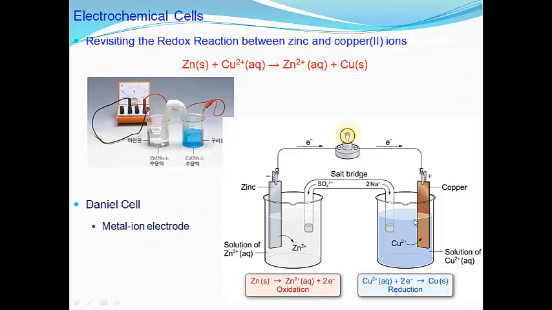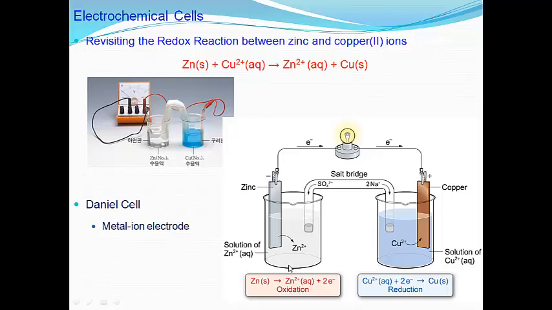So over time, what you will see in this reaction is that this zinc electrode becomes diminished because the zinc is oxidizing to form zinc 2+, and the mass of this copper is getting larger, because copper 2+ ions are being reduced and deposited onto the copper metal.